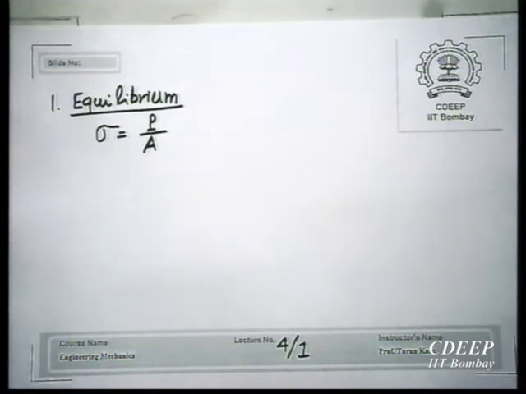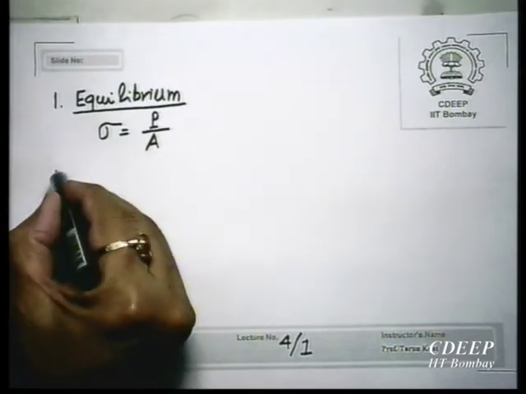We have found that the average stress at a point can be approximated by this simple formula, P by A, whether tensile or compressive, if the member is slender and subjected to axial load passing through the centroid of the cross section.